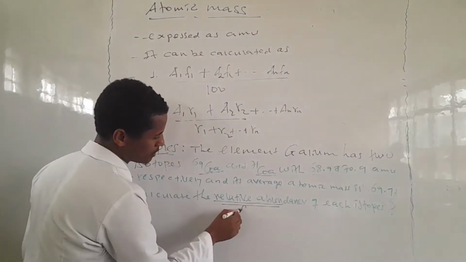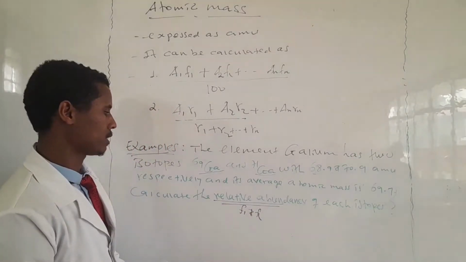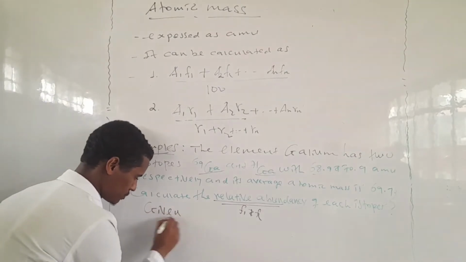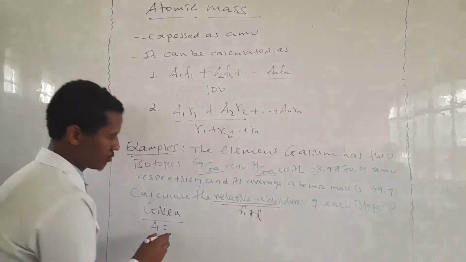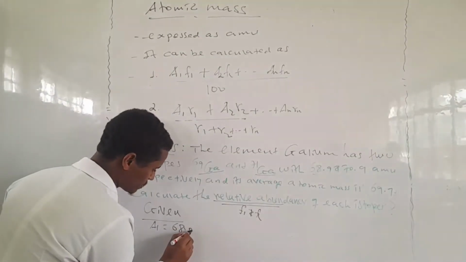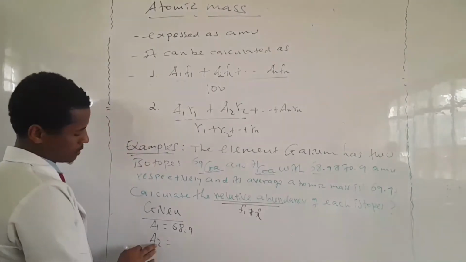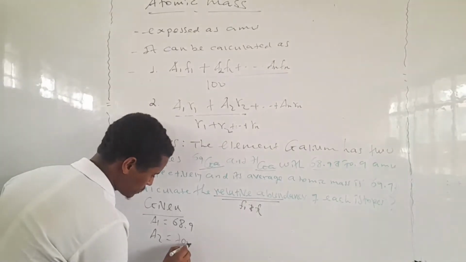Relative abundance means F1 and F2. Let us see, what about the given? Given A1 refers to 68.9. What about A2? A2 means atomic mass of the second isotope, 70.9.